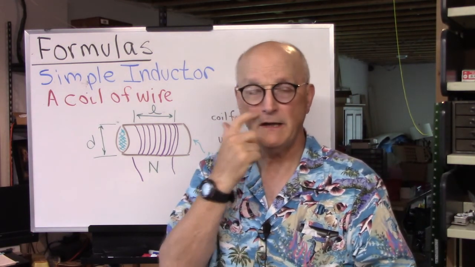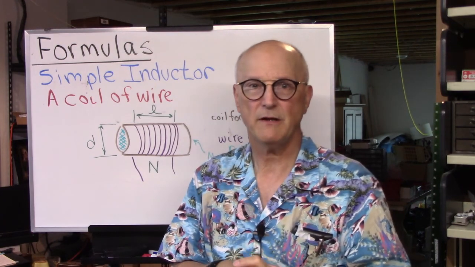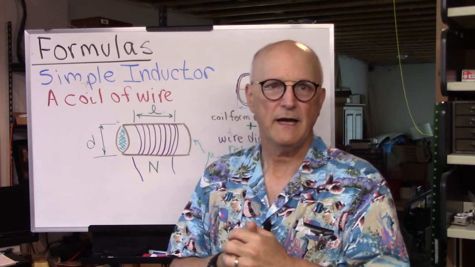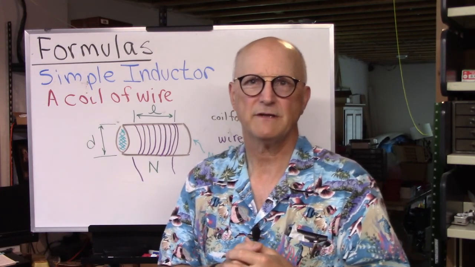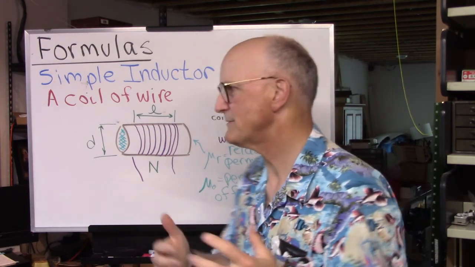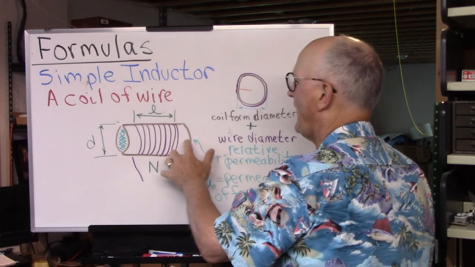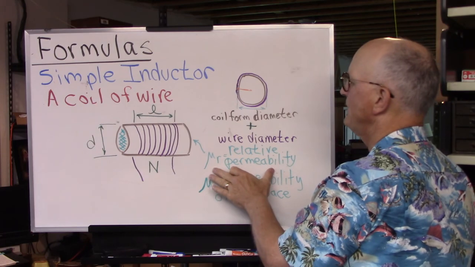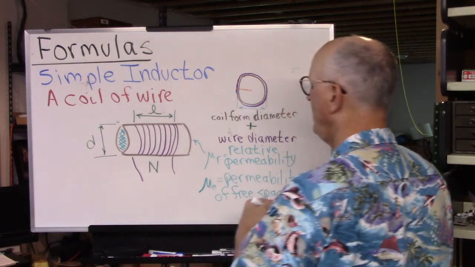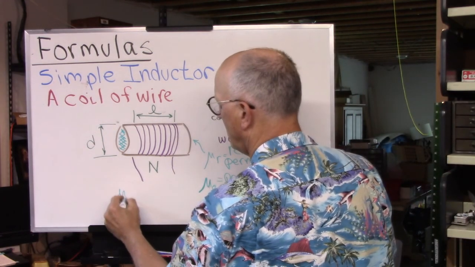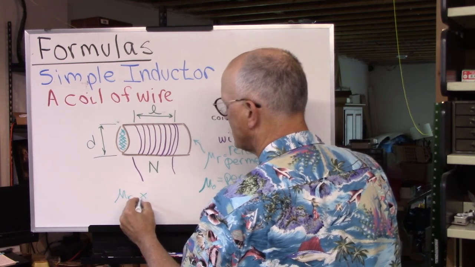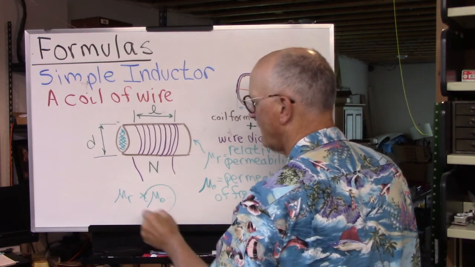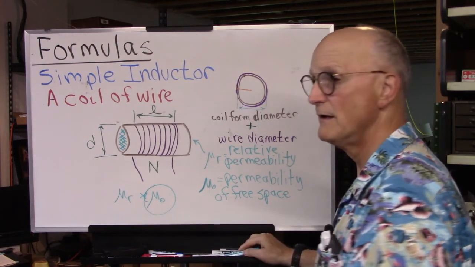Some overtly include the permeability of free space into the formula, and others bake it into the formula. You say, well, permeability of free space. Well, the actual permeability of the core material is the relative permeability, mu sub r, times the permeability of free space. Well, this here is a constant.